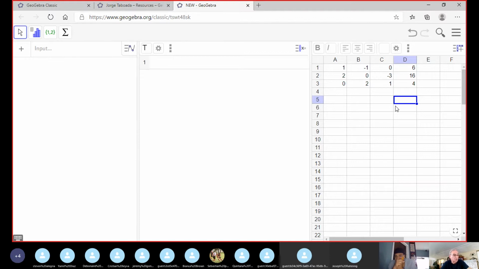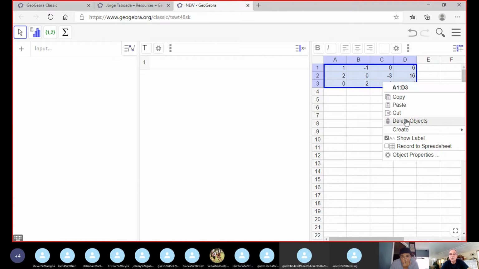Okay. So when you finish editing the numbers inside the matrix, you select everything using the mouse selection, similar to the spreadsheet in Excel. You right click and select create. Create a matrix.